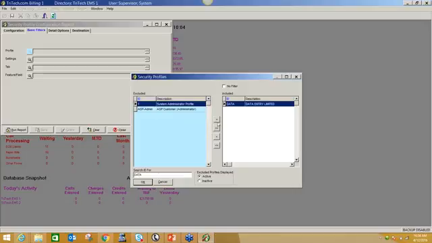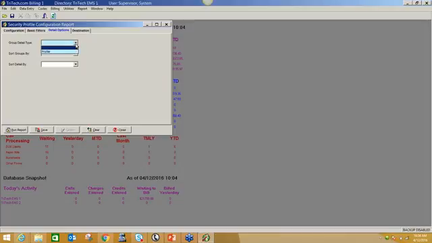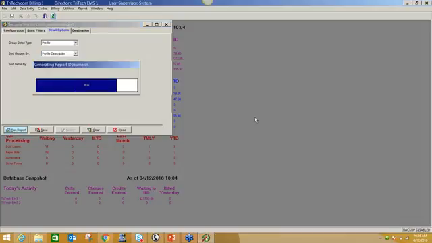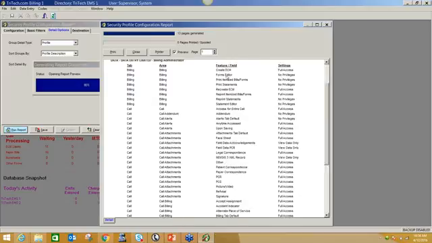So if we choose the data entry limited profile, and I'm going to run this just by the profile, what we'll then see is that on the billing tab, the Create ECM has full access, but the Forms editor has no privileges.